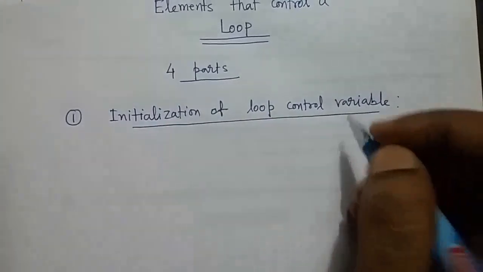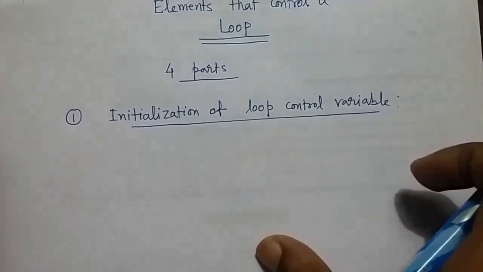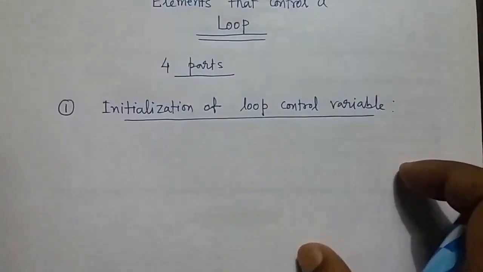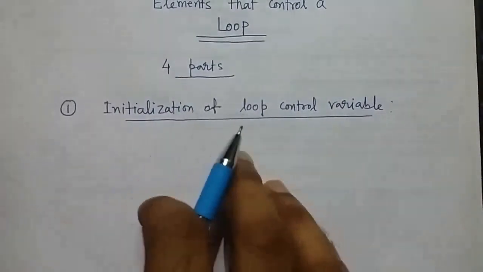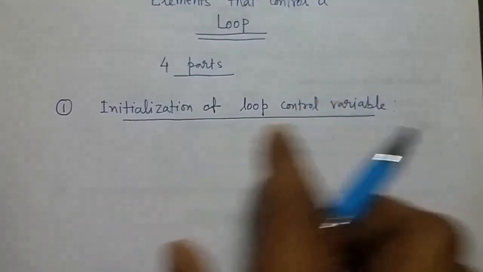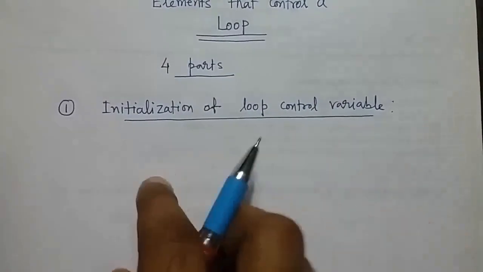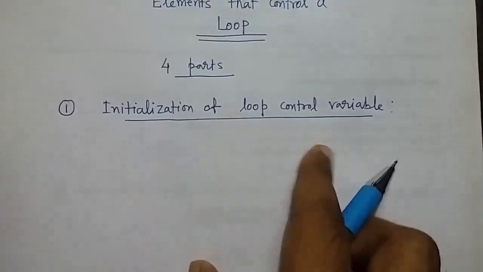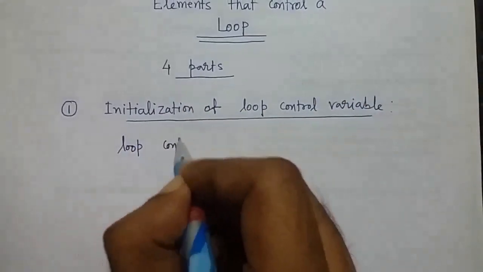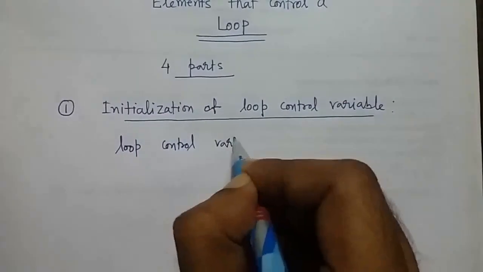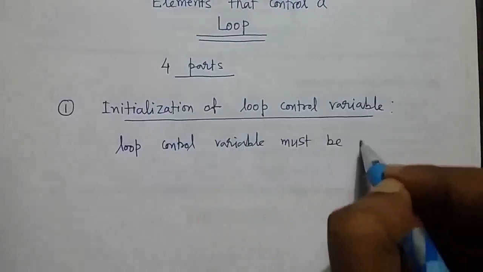At first you have to be familiar with the term loop control variable. So what is a loop control variable? A loop control variable is a variable that starts with a value and determines the duration of the repetition. So before entering a loop, the loop control variable must be initialized.